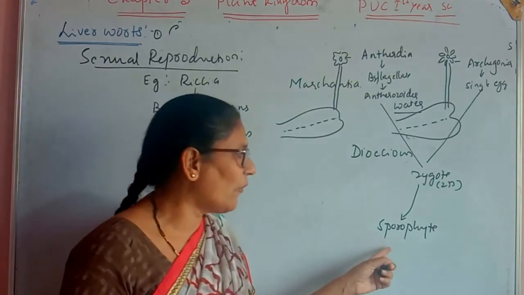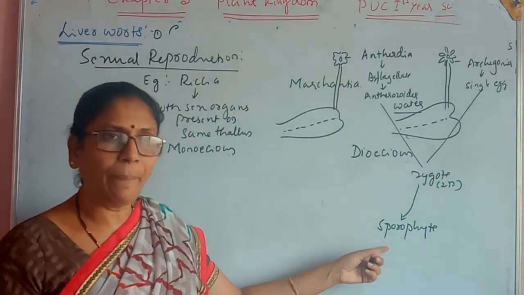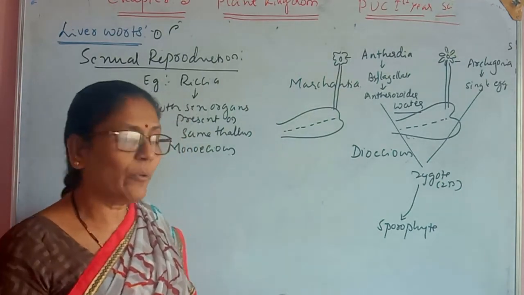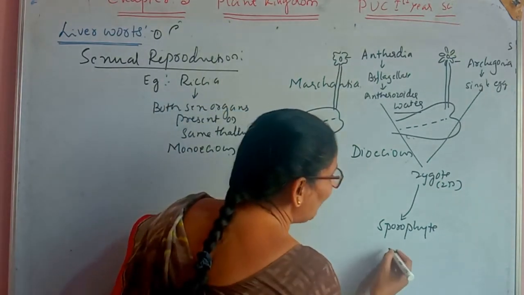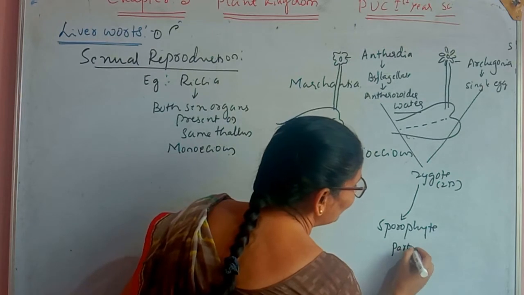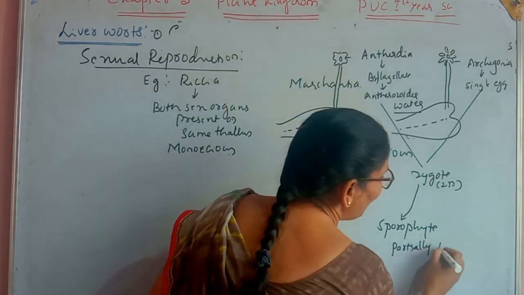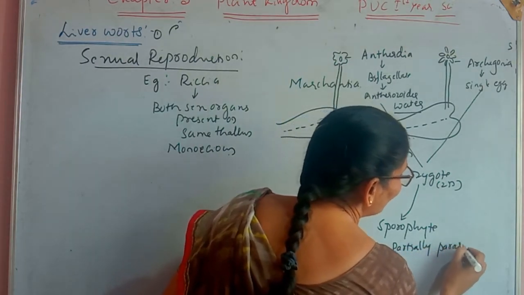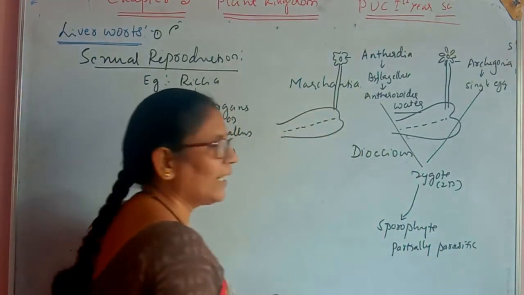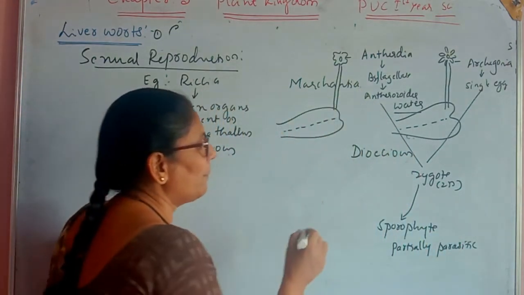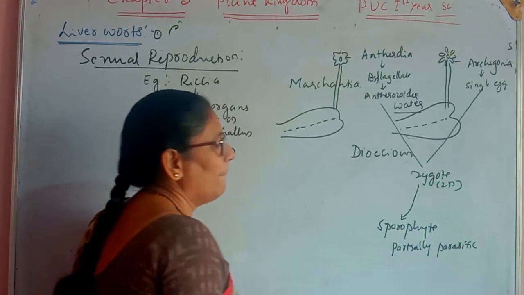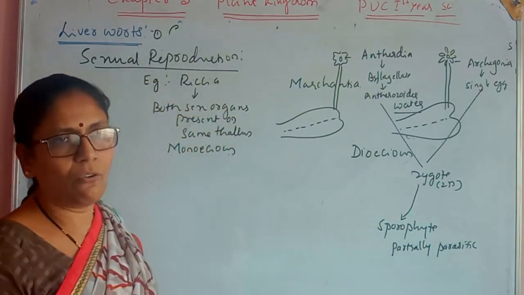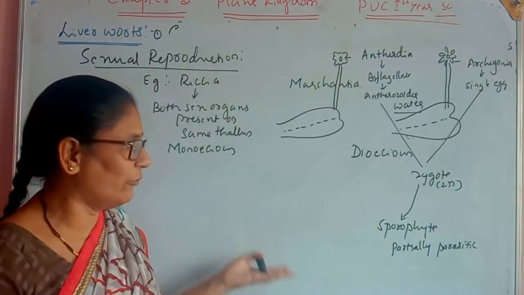And this sporophyte is dependent on the gametophyte, or we may also say partially parasitic on the photosynthetic gametophyte. It depends on the female gametophyte for its nourishment or food.